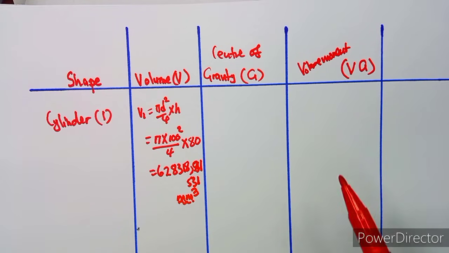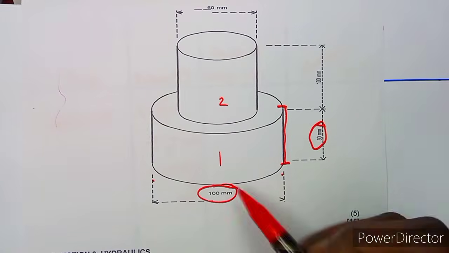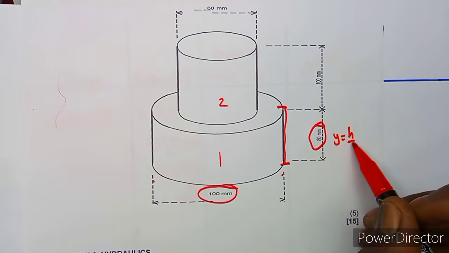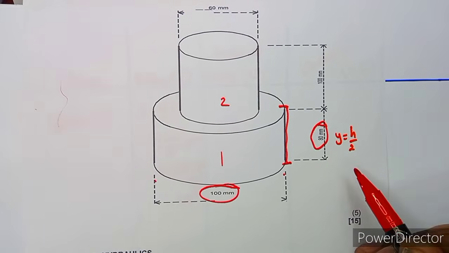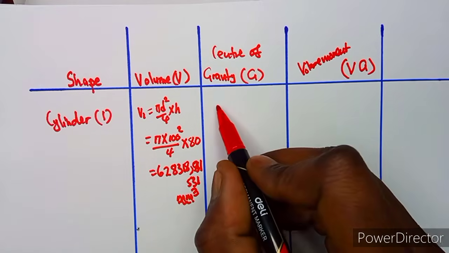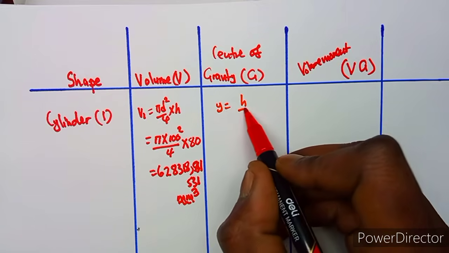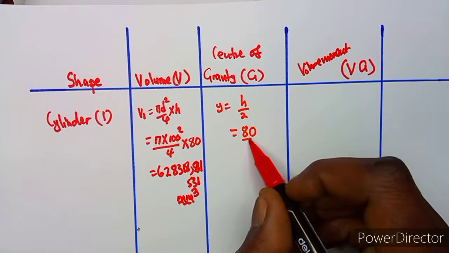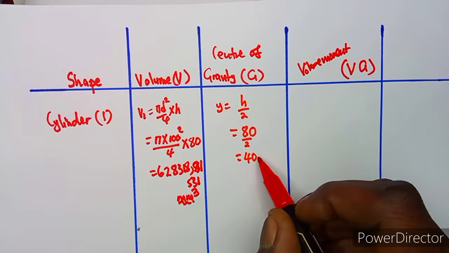And our center of gravity, when you are working with a cylinder, y is equal to h over 2. That is the value of y. So in this case, our y is h over 2, that is 80 millimeters over 2, which is 40 millimeters.